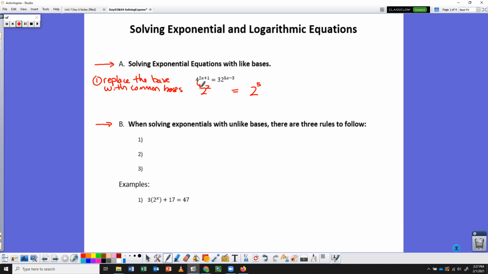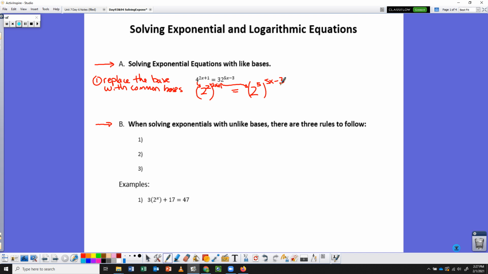Remember that there was still an exponent on that. So 2 squared, which is 4, was being raised to the 2x plus 1, and 32, which is 2 to the 5th, was being raised to the 5x minus 3. So don't forget to keep those exponents on the outsides of those parentheses.